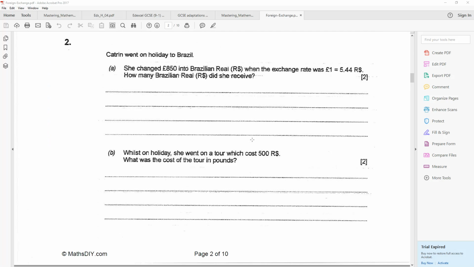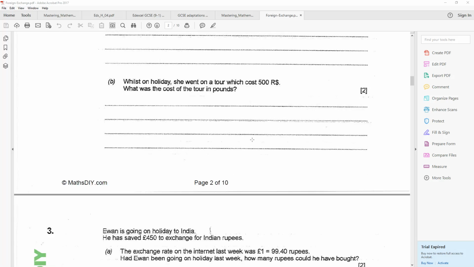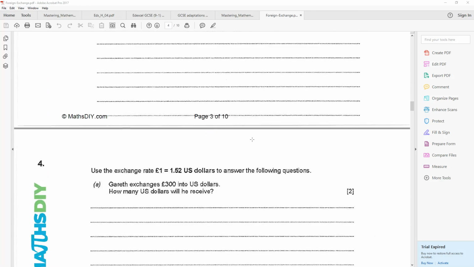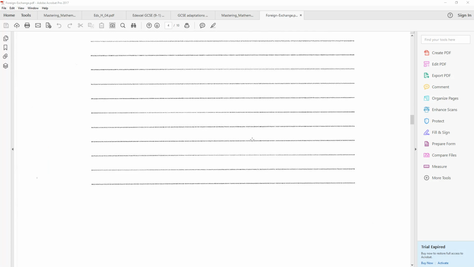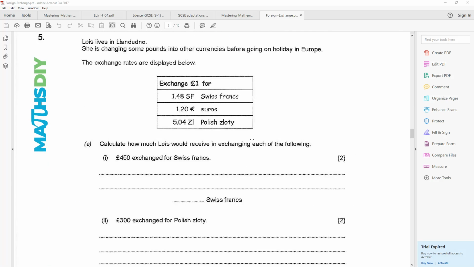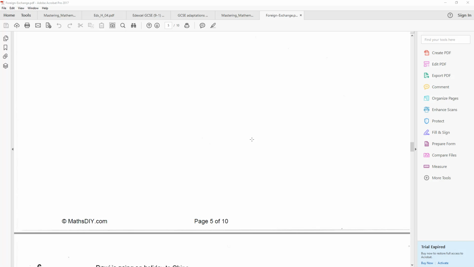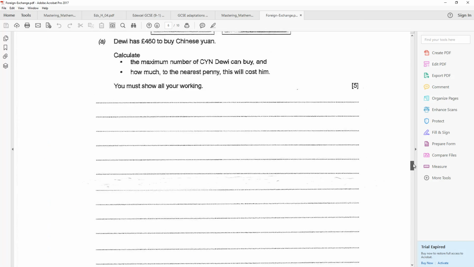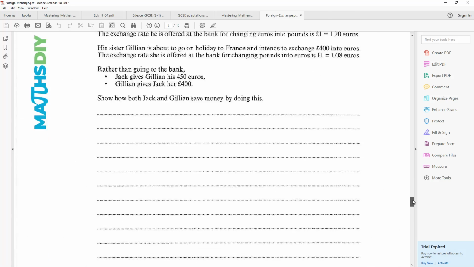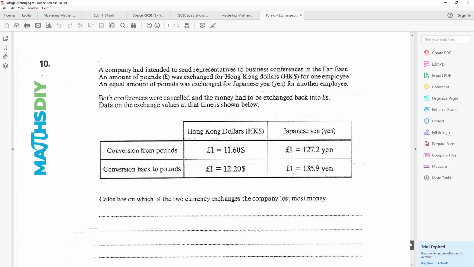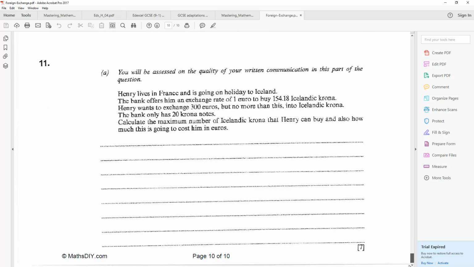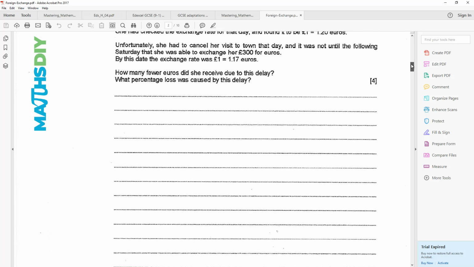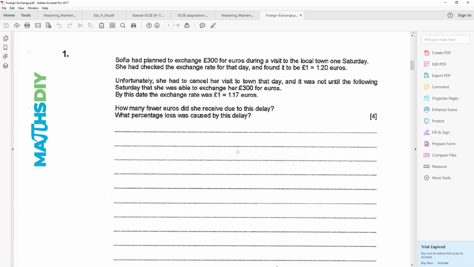Let's see, not that many questions today. It's question 4. There's plenty of space for working it out. Just the 11 questions then. Good. Off you go and good luck.